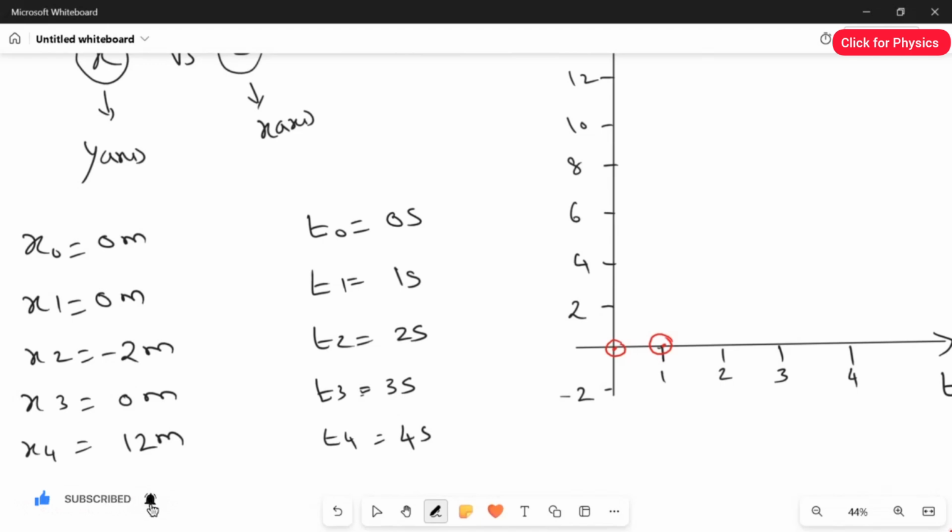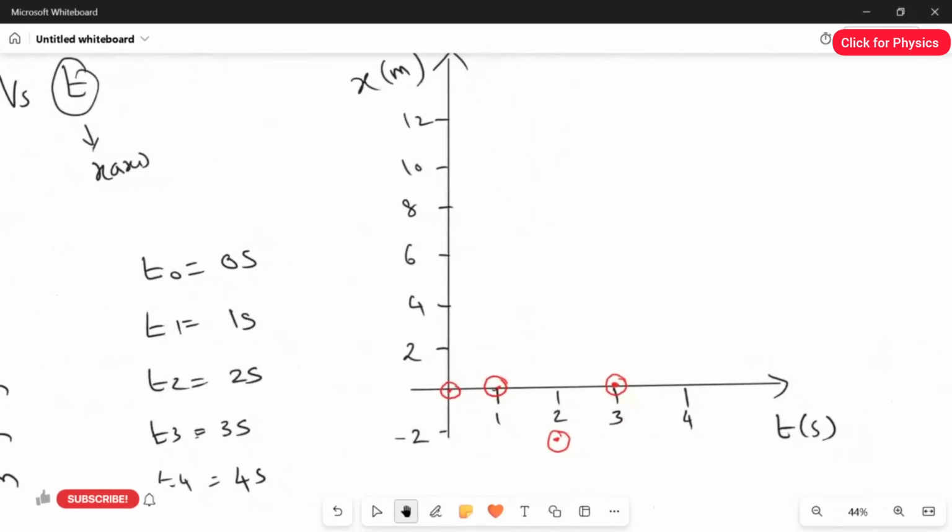So that means minus 2 is here and 2 second is here, so our point will come here. And then the next point, x3 equal to 0 and t3 equal to 3 second, so the point will come here. And then the last point is 12 meter and 4 second. So we have to fix the point of 12 meter here, and its respective time is 4 second, so it will become here, right?